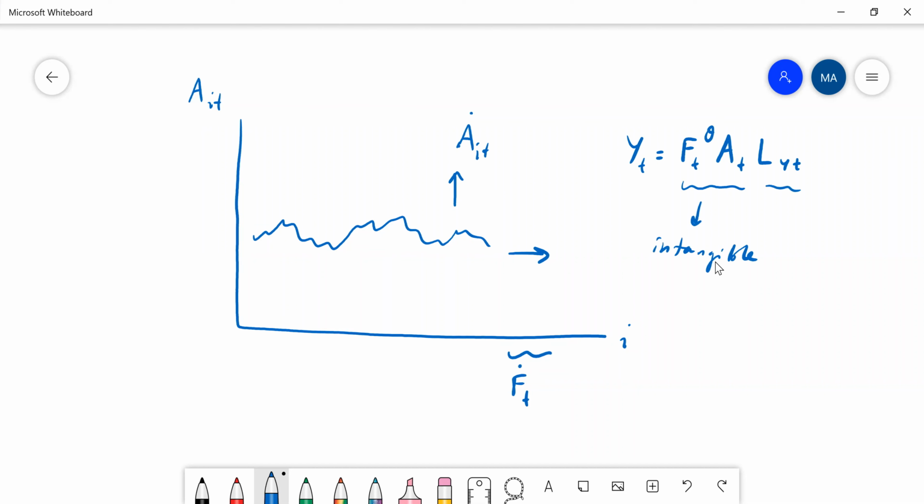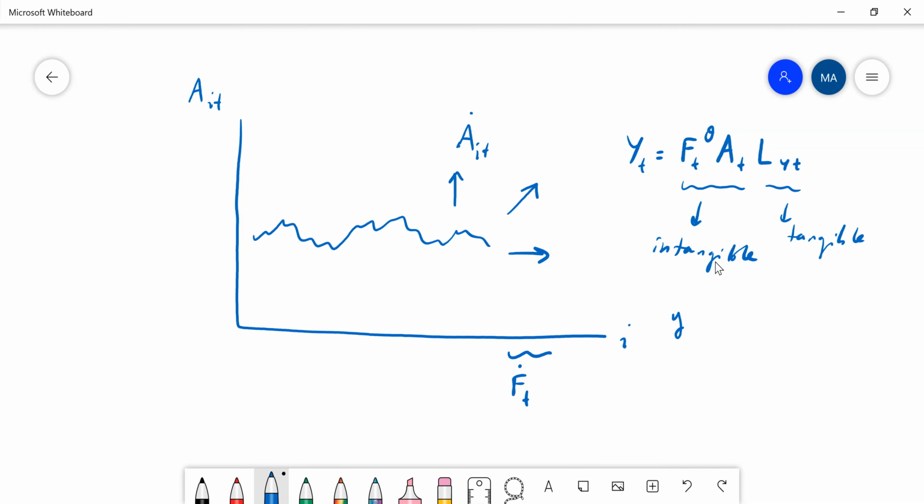And that's tangible. These are different types of inputs, and technology progresses when you have an increase in F and then increasing A.